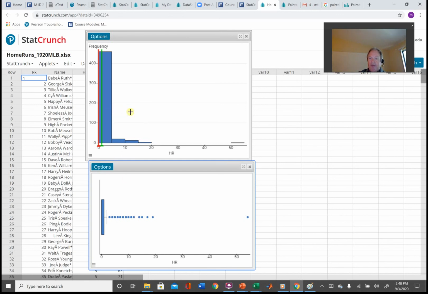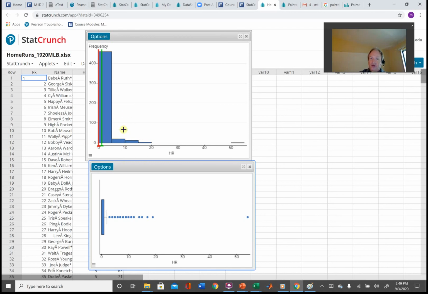And this is where you have to be careful. An outlier is a value that's really separate from the rest of the population. It's like an outcast, right? Babe Ruth looks like that. Okay, these are all the other players. They're all grouped together, right? There's a continuous progression here, and then a huge gap to Babe Ruth. So what's actually happening is we have a really long tail.